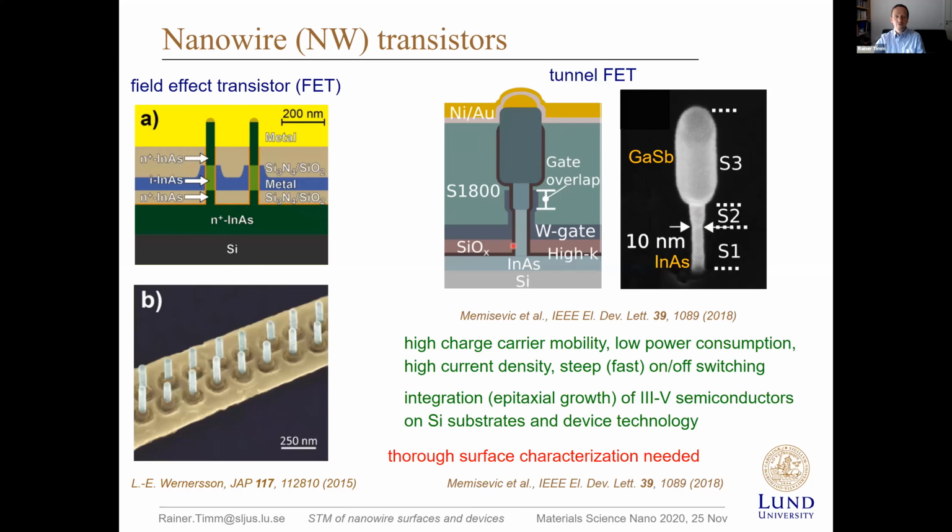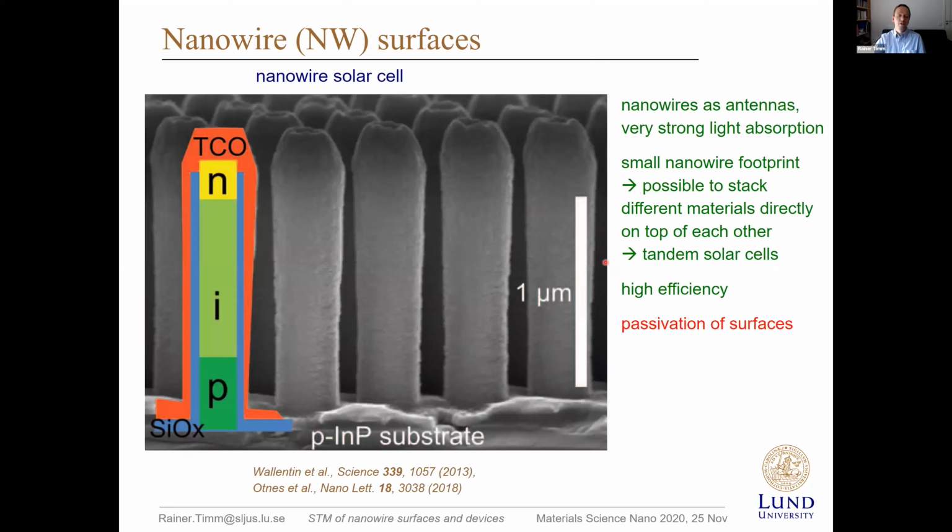And that is the same for a different, very promising area of application, and that is towards solar cells. Why are nanowires so promising here? Well, due to their size and structure, that they can stand upright on the substrate, they work as antennas, so they can focus the light into the semiconductor material, get a strong light absorption and convert it into electricity.